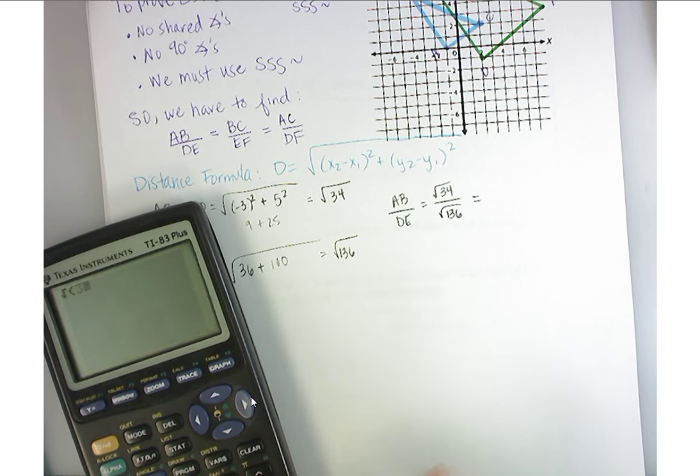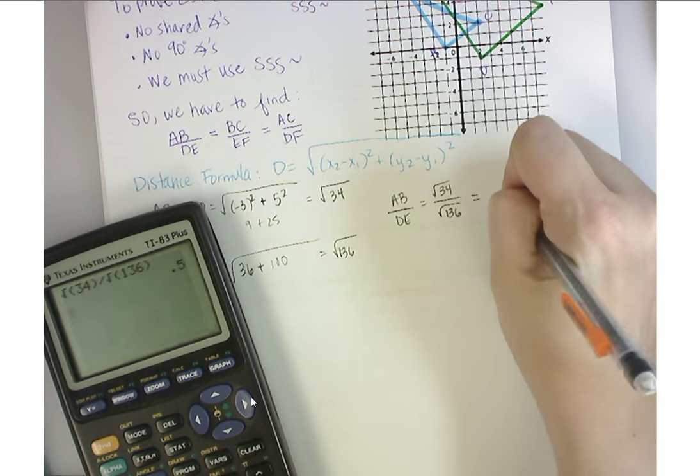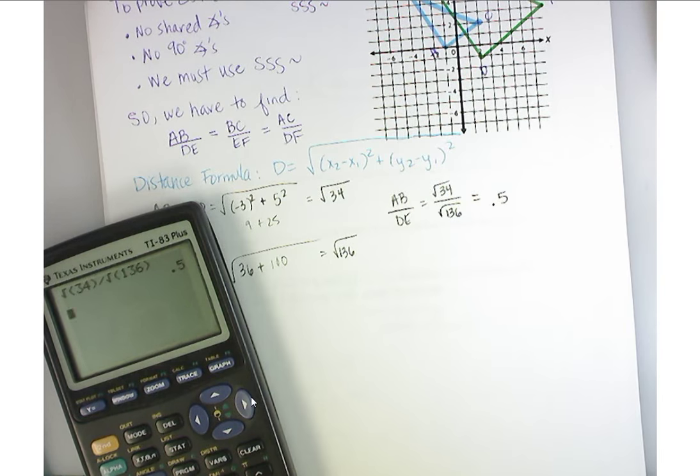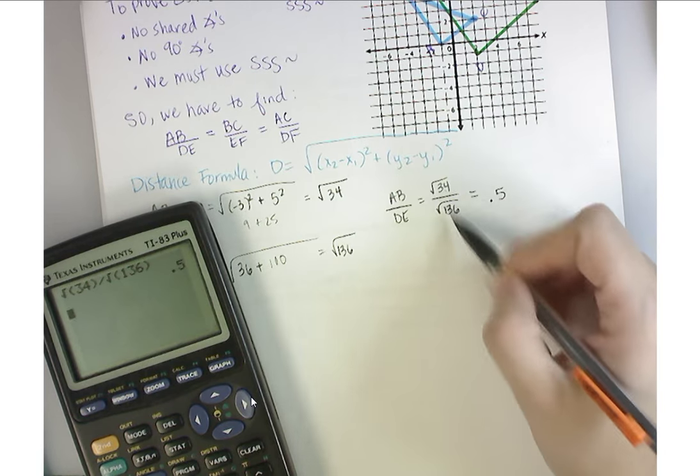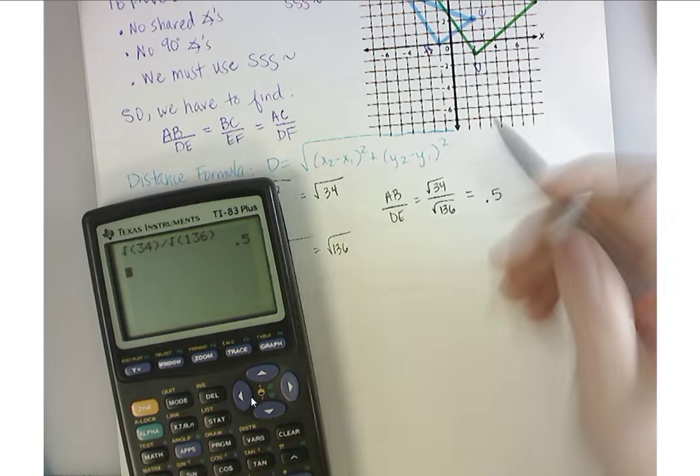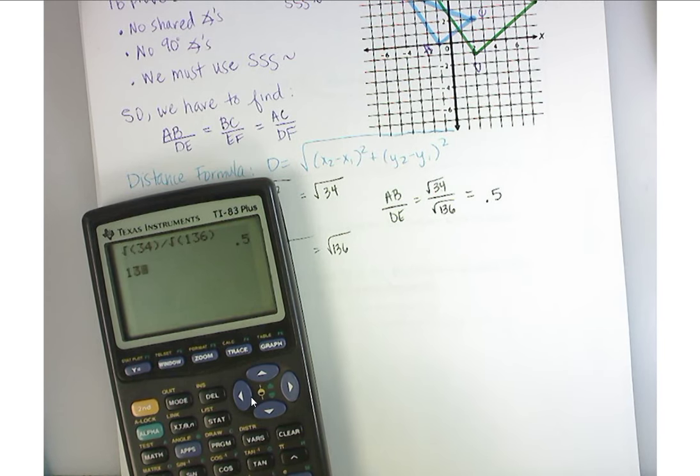So that's why we want to check it. So root 34 over the square root of 136. Oh, look at that. It turns out pretty nice, doesn't it? Right? If you want to do it by hand, it's a fraction that you can reduce. Does 34 go into 136?